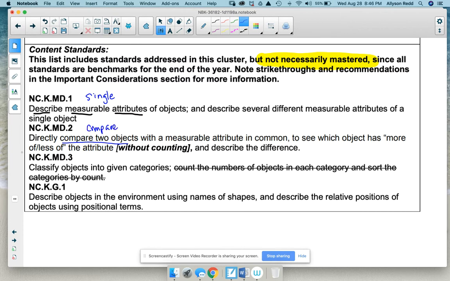So starting off with two objects, and then if you feel like your students are really making some big gains, maybe then try three to extend it. But otherwise, just start off with two to compare. Okay, so then we're looking at MD3, where we're classifying objects into given categories. So we'll come back in a minute to what those categories are.